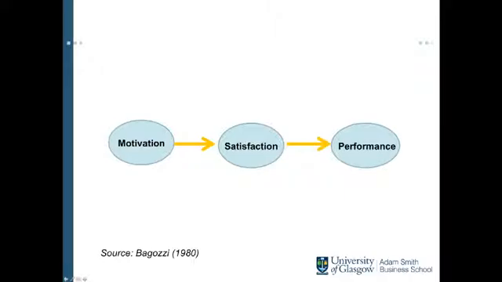The ability to handle such multiple relationships is a major advantage of SEM over regression, which can only deal with one dependent variable at the time. For example, to estimate the three-way relationship between motivation, satisfaction, and performance, you would have to calculate the relationship between satisfaction and motivation first, and only then go to the second equation between performance and satisfaction.